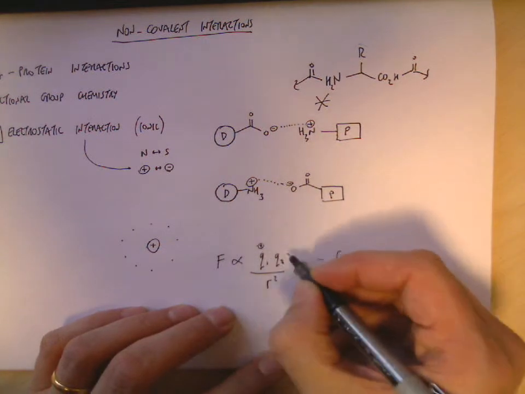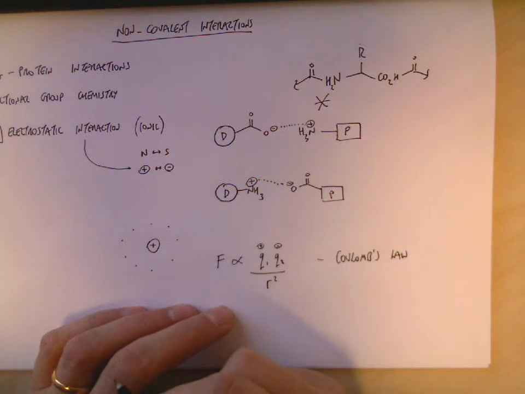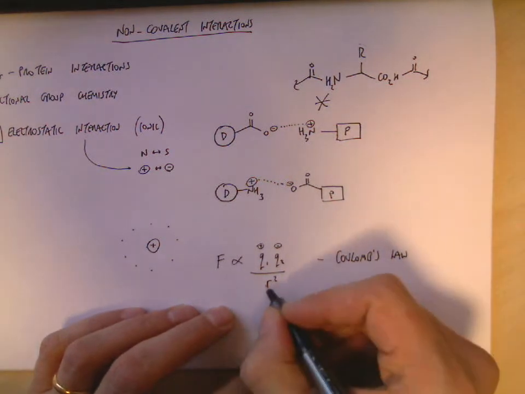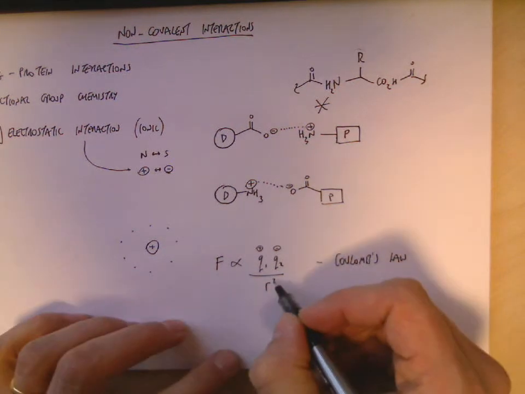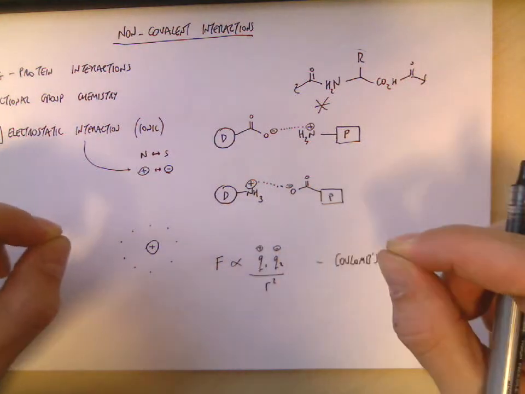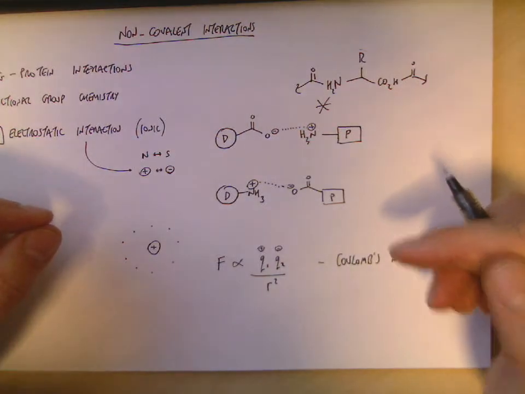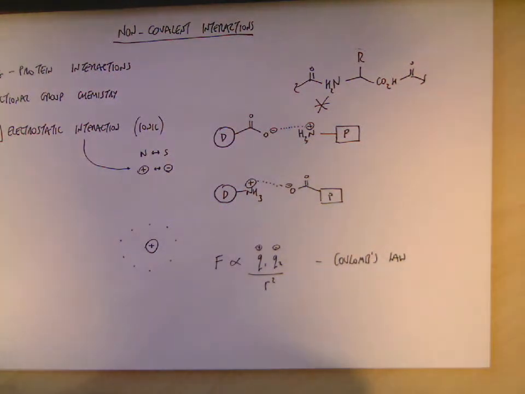In our case, it's a positive charge and a negative charge, divided by the square of the distance apart. So R here is the distance that those two charges are apart, and so very quickly, as the distance between two charges gets bigger, the strength of that interaction falls off by a squared relationship, the inverse square law.